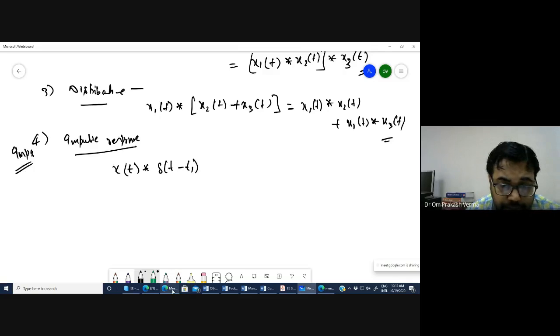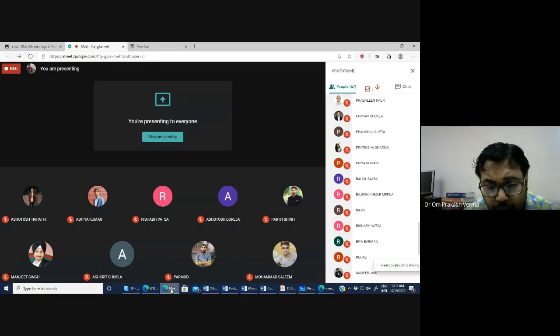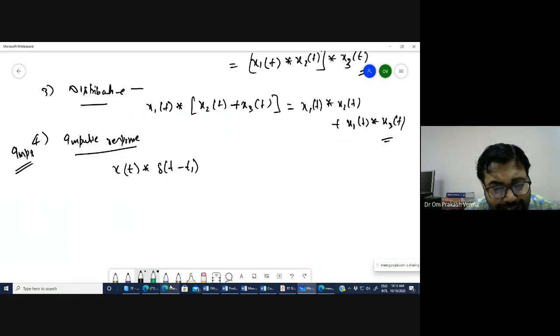Remember, everyone listen carefully, this is very important for the GATE exam. We are going to convolve x(t) with delta(t minus t1). The result will be x(t minus t1), nothing else. Because based on this property, always remember x(t) convolution with delta(t), you will get x(t) only.